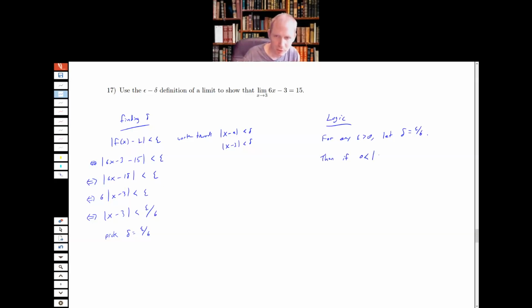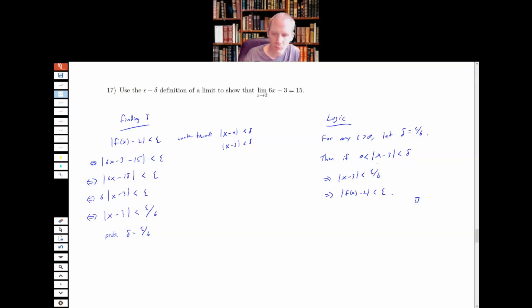Then if 0 is less than absolute value of x minus 3 is less than delta, then that implies that x minus 3 is less than epsilon over 6, which, using our work to the left over here, following it backwards, means that f of x minus L is less than epsilon. And we're done. We never used the 0 less than absolute x minus 3 part.